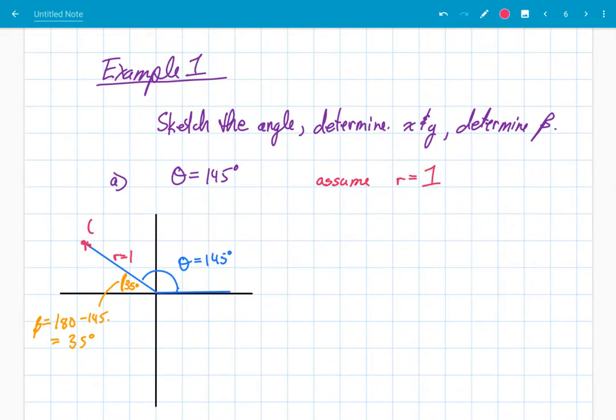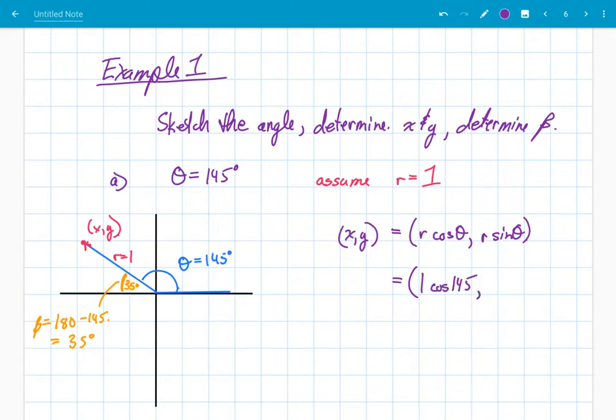So we need the xy pair for this. Well, if you memorize those formulas from the last note, or at least recall them, we have xy is equal to r cos theta, r sine theta. 145 and 35 degrees is not special, so it is 1 times the cosine of 145.